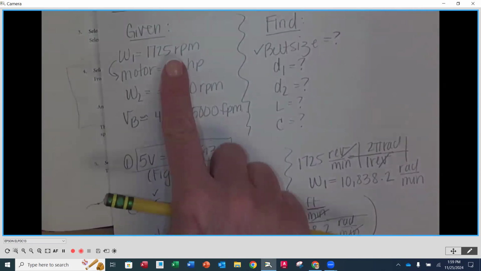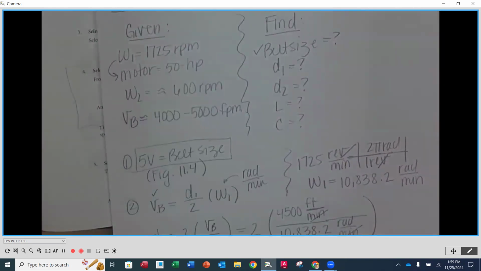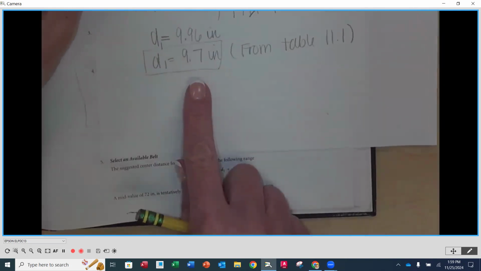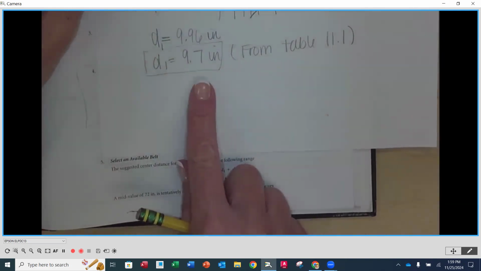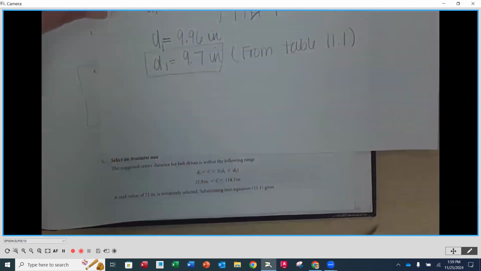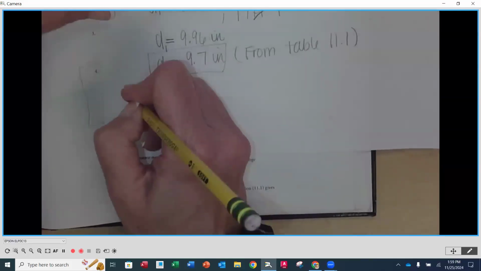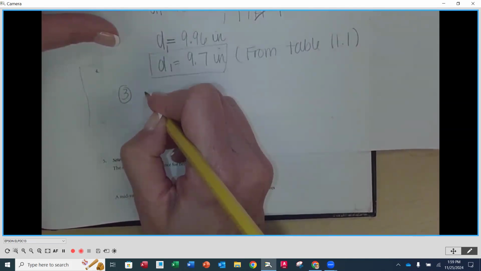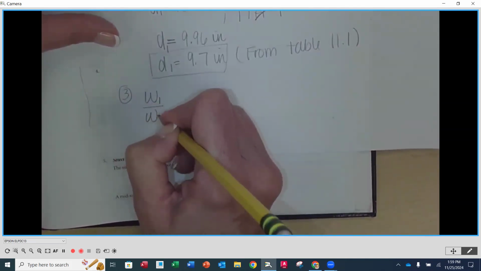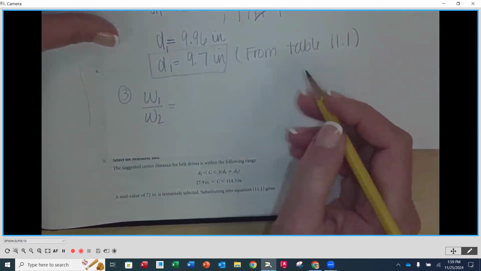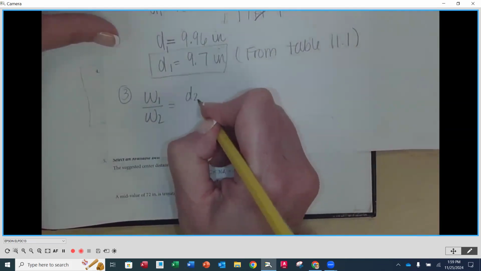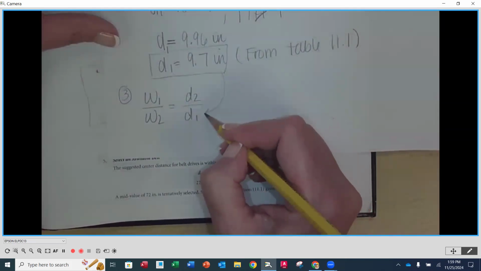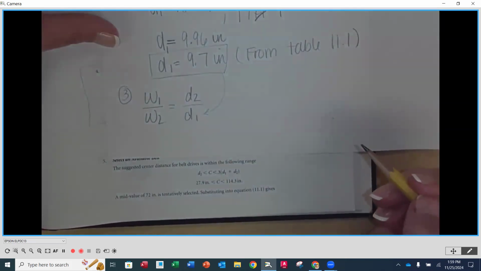So we also know that our input is 1725, and our D1 that we've chosen now off of the chart, we know exactly what it is. So we can set this up as a ratio like we did on the last one. Our step number 3 here can be using that velocity ratio where we can say W1 over W2 is going to be equal to D2 over D1. Now we know what D1 is, right?